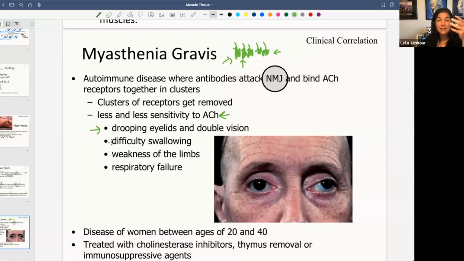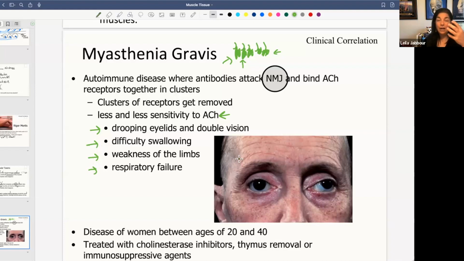Because they're not contracting, they just go limp, and the eyeball shifts. You end up with double vision, the eyelid droops, and then muscles involved in swallowing get affected. So now you have difficulty swallowing. It's got to be a hard feeling. And then your limbs become weak, and then eventually it's respiratory failure because of the muscles of respiration.